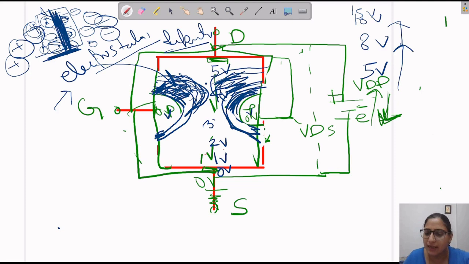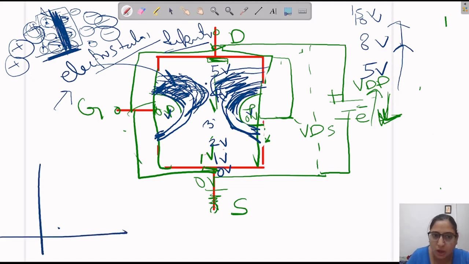Now we will discuss the current operation. Let's look at the graph between output current ID and VDD. Here is ID and this is VDD.